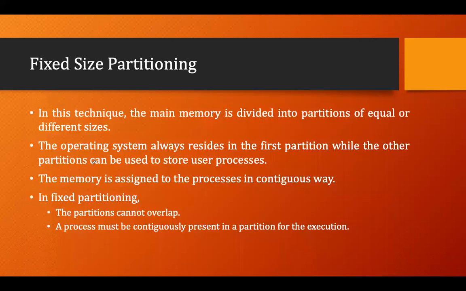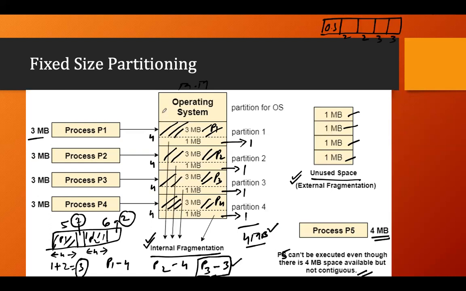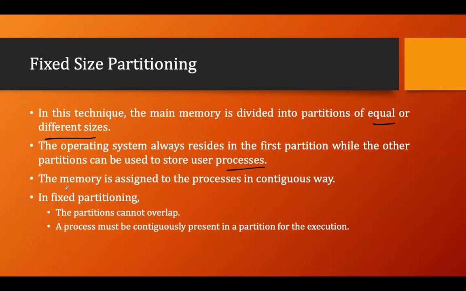Let's see the theory about it. In this technique, the main memory is divided into partitions of equal or different size, fixed partitions, as I told you. The operating system always resides in the first part, while the other partitions can be used to store user processes. Here also you have seen this is the operating system part always, and the other part will be used for the processes.